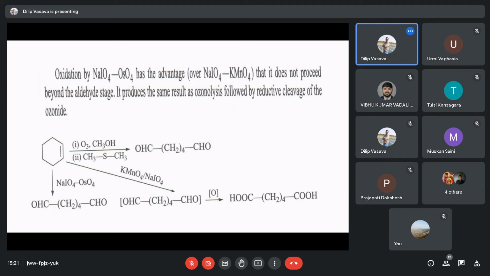Taken in presence of the other reagent, then the aldehyde cannot persist, so immediately it is oxidized into the carboxylic acid, whereas this is also possible in presence of the osmium tetroxide. So this is a good example discussed for the oxidation of cyclohexene.